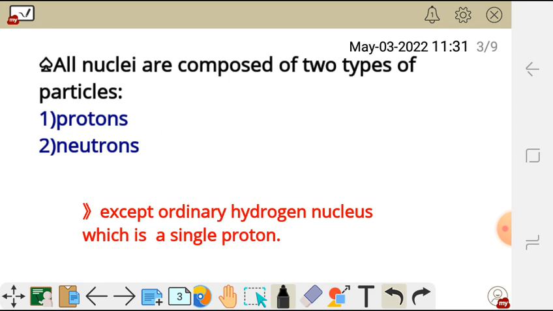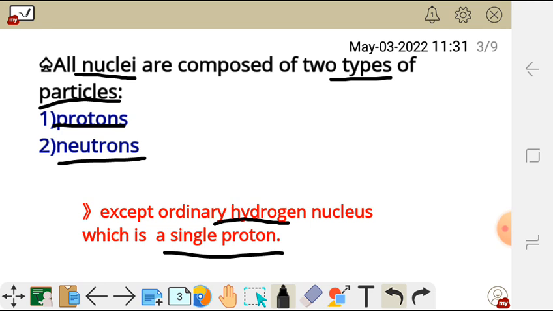So a nucleus is simply composed of two types of particles. All nuclei are composed of two types of particles, which are protons and neutrons, except the ordinary hydrogen nucleus, which is a single proton.